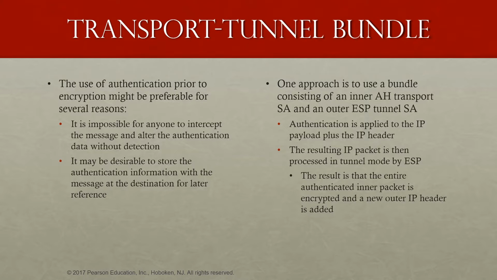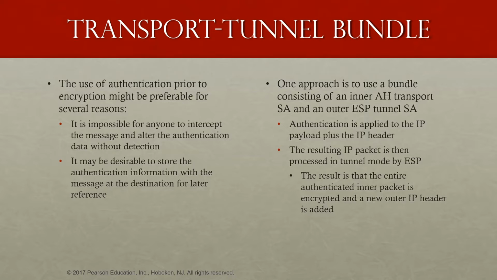Transport tunnel bundle. The use of authentication prior to encryption might be preferable for several reasons. First, because the authentication data are protected by encryption, it is impossible for anyone to intercept the message and alter the authentication data without detection.